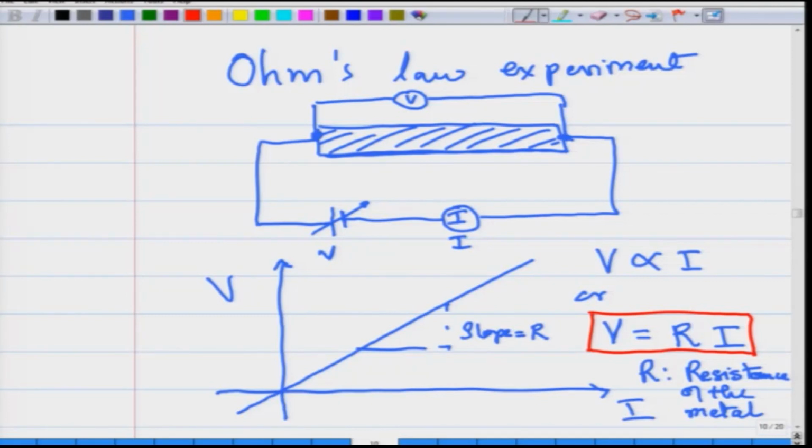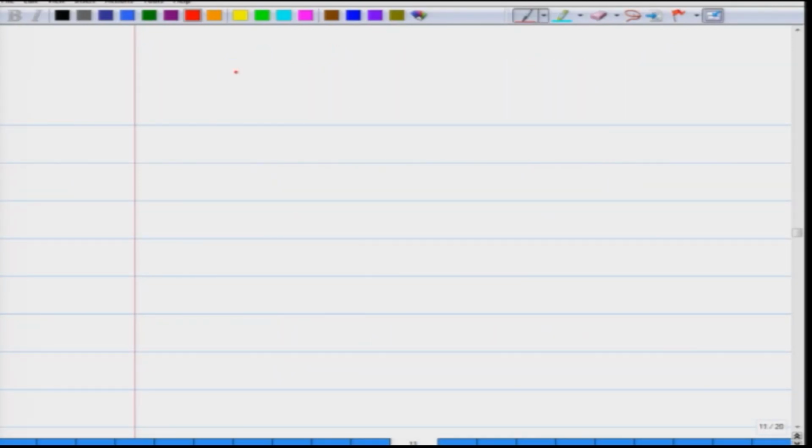Now, you can quickly convert this Ohm's law expression V = R I and write it in terms of electric fields and current densities.